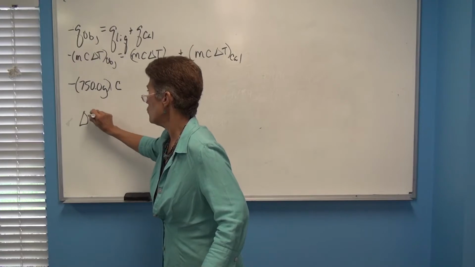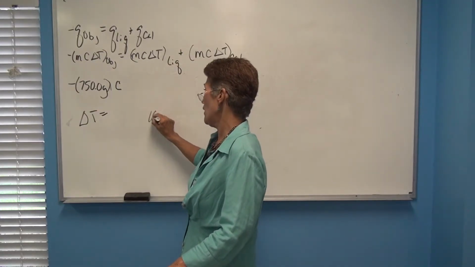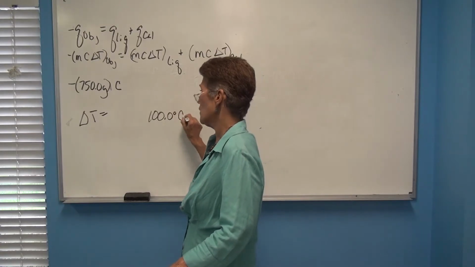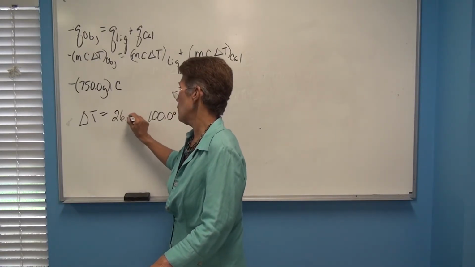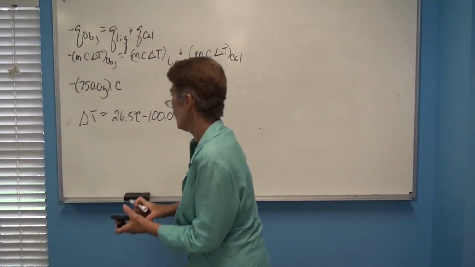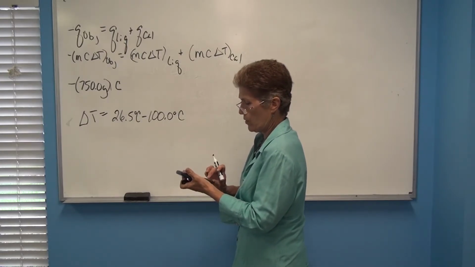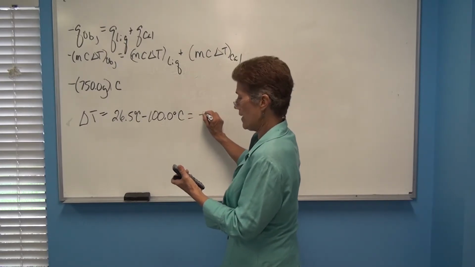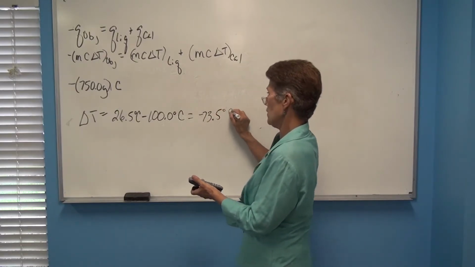The change in temperature of the metal: it starts at 100 degrees Celsius, and it ends at 26.5 degrees Celsius, because remember, everything ends at the same temperature. 26.5 minus 100 gives me negative 73.5 degrees Celsius.